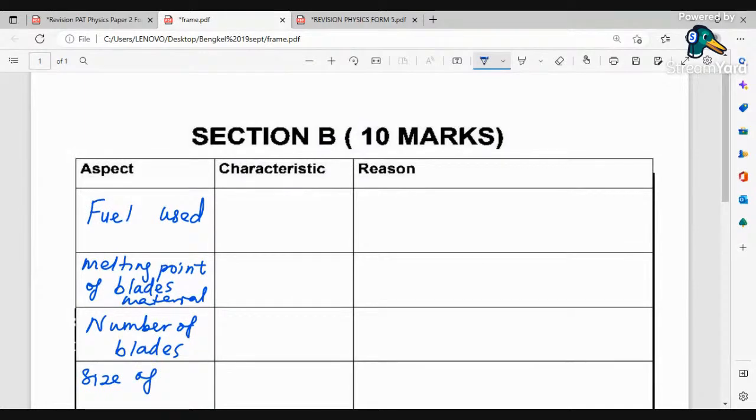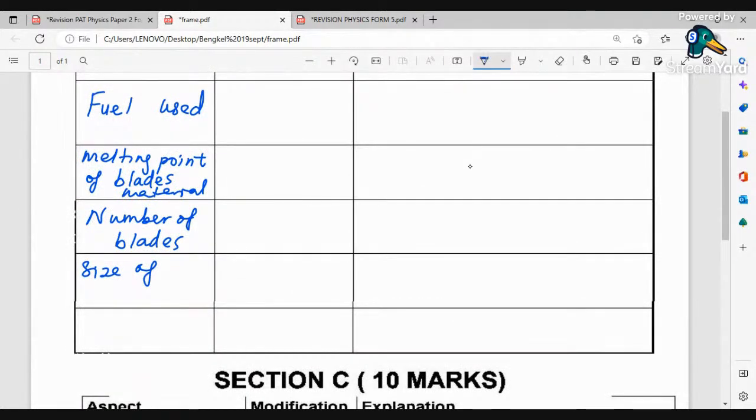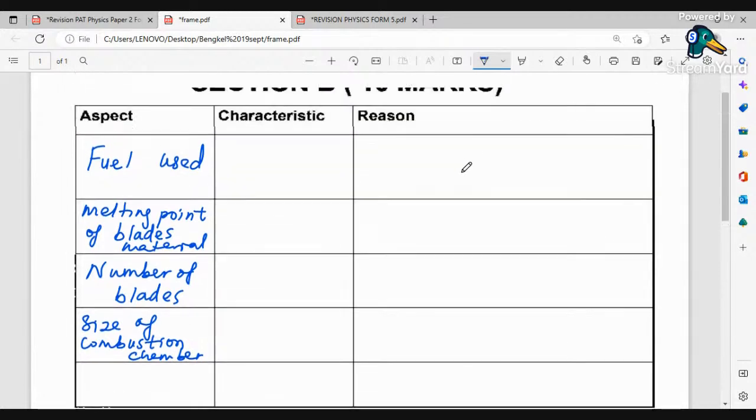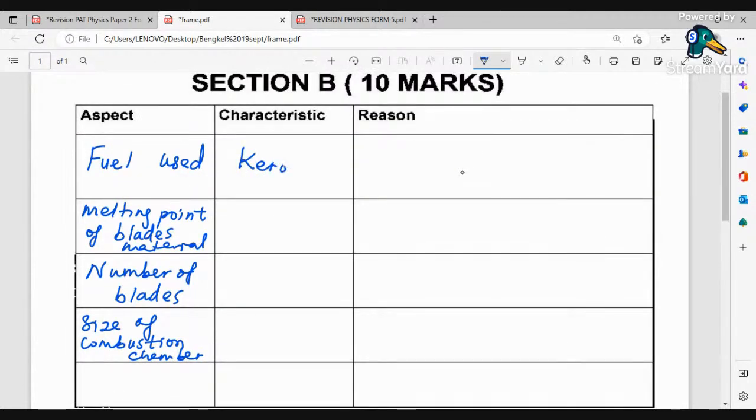Okay, characteristic just now: fuel use is kerosene. Melting point must be higher. Number of blade must be more. Size of combustion chamber larger. Now write down the reason.